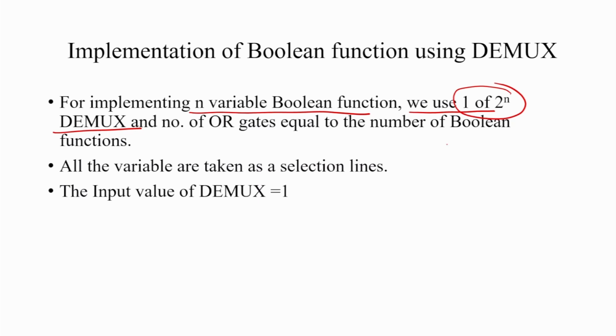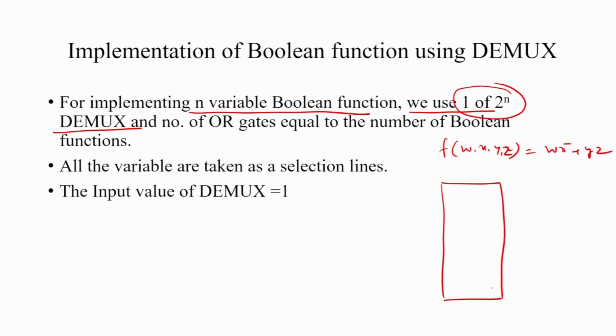For example, if the Boolean function is f of w x y z, written as, suppose, w x complement plus y z, what is the suitable size demultiplexer required for implementing this Boolean function? It is 1 of 2 to the power n, and there are 4 variables, so 2 to the power 4, that means 16, outputs written as y 0, y 1, y 2 and up to y 15.